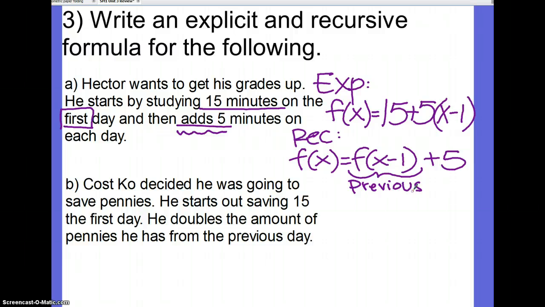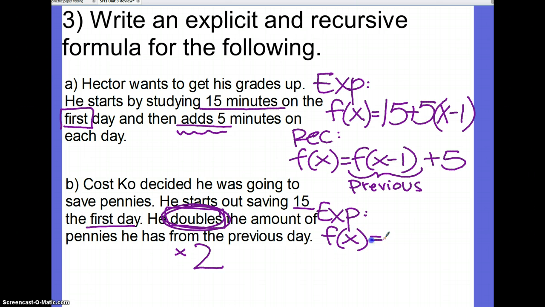Costco decides he's going to save pennies. He starts by saving 15 pennies the first day, and he's going to double the amount of pennies he has from the previous day. So, explicit, we know we're talking about doubling is mathematically multiplying by 2. So this is f(x). The first day is 15.